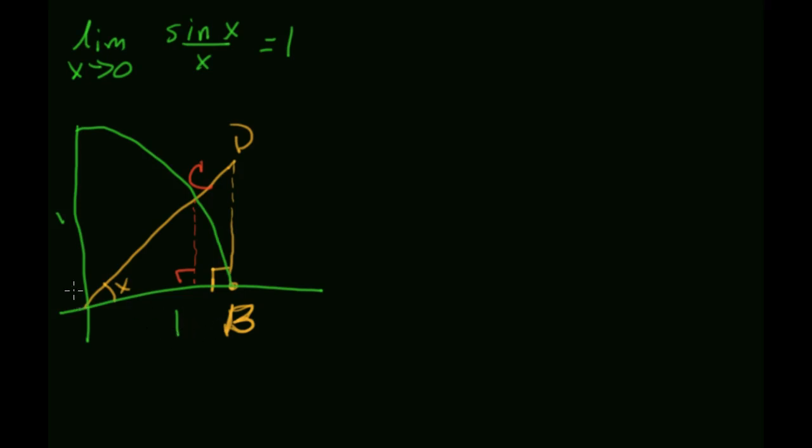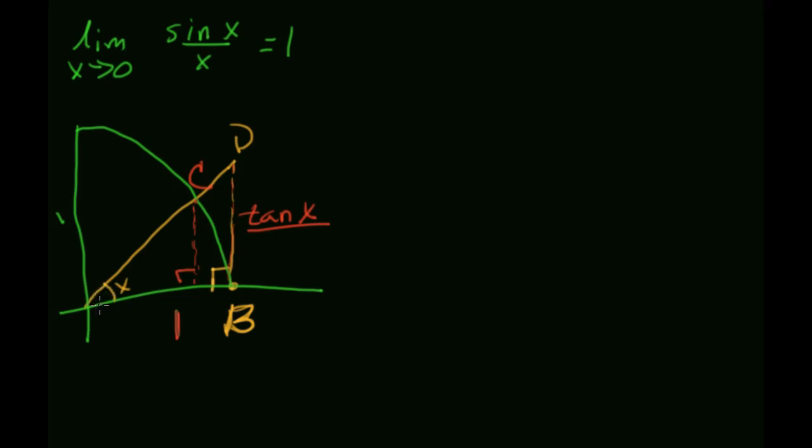And we're going to note some things. Since this is the unit circle, this has a length 1. This is a right triangle, so the tangent of x has to be the opposite over the adjacent, which means dB has to be the length of tan x.